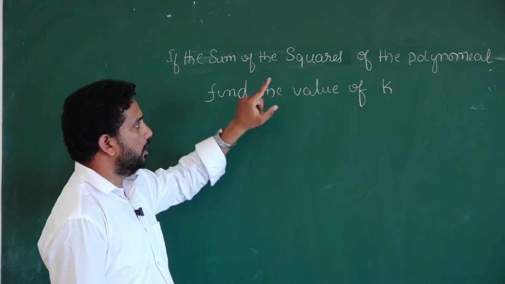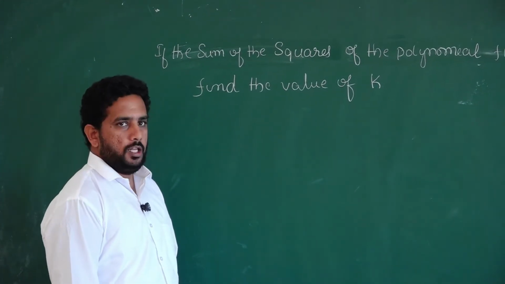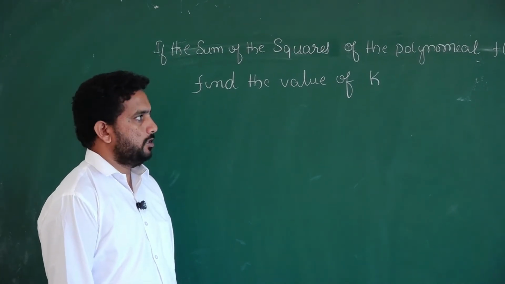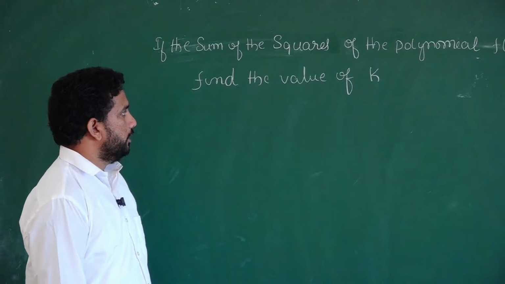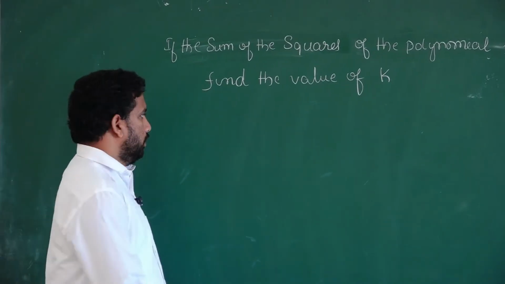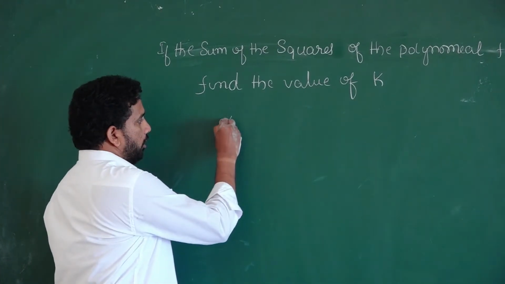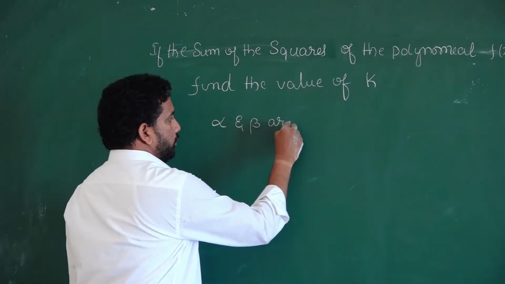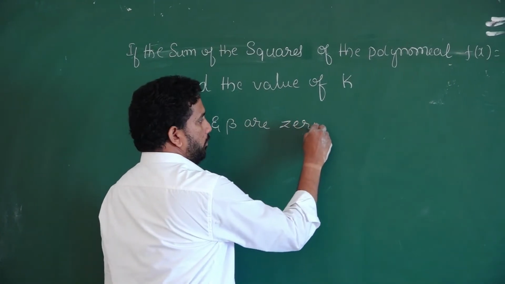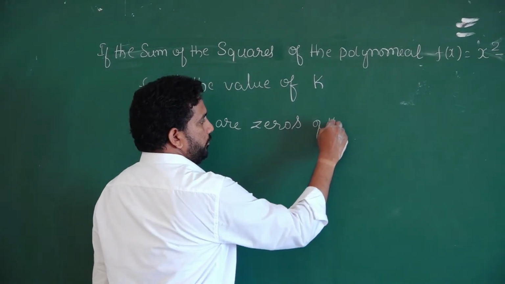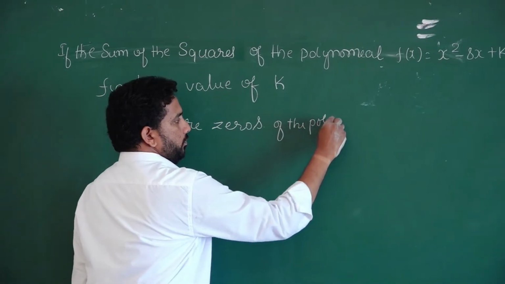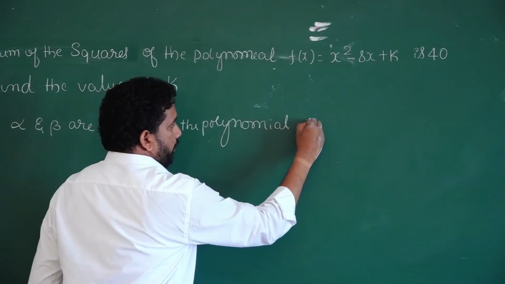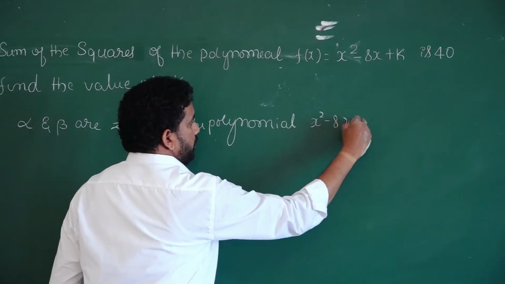If the sum of the squares of the zeros of the polynomial f of x equal to x square minus 8x plus k is 40, find the value of k. Okay, so what is given here: alpha and beta are zeros of the polynomial x square minus 8x plus k.